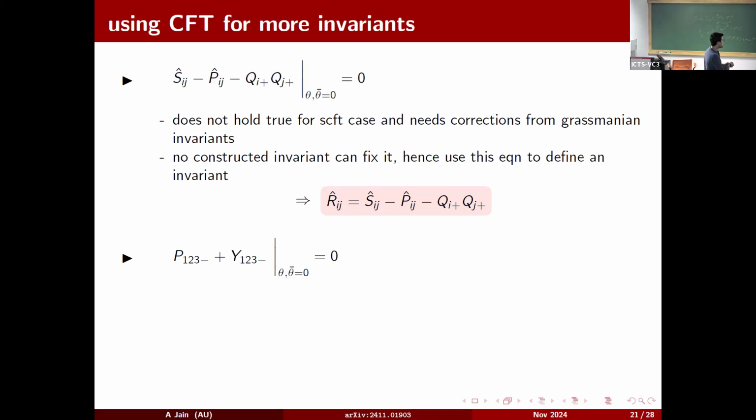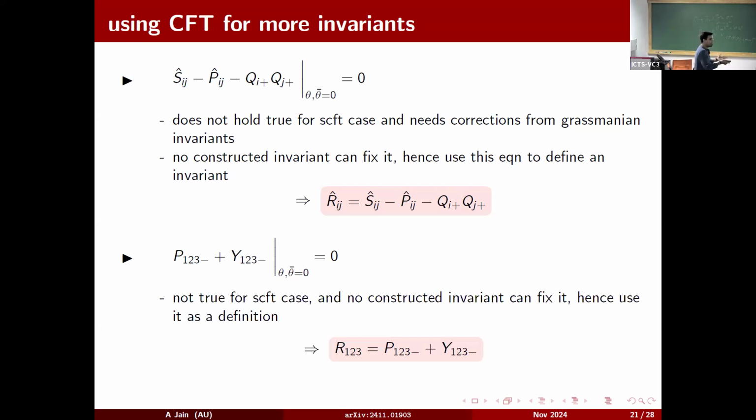So this equation means that in the conformal case, the structure Y123 is equal to minus P123 minus, which is why we never considered it in the first place. In the superconformal case, these two are different structures and they differ by a Grassmannian structure. Okay, and again, there's no invariant that we have constructed which can fix that Grassmannian part. And so we have to call this a new Grassmannian superconformal structure.